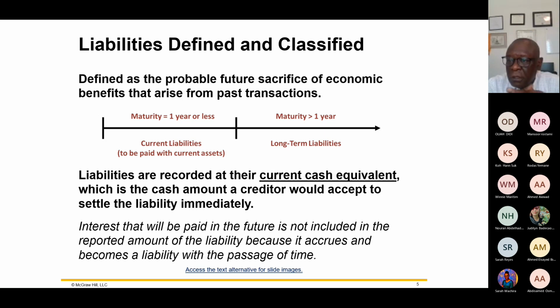Is that correct or not? If I say current liabilities are obligations that the company is expected to pay off within the balance sheet period, will that be true or false?